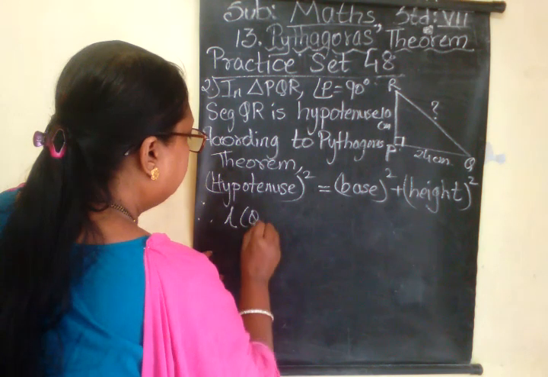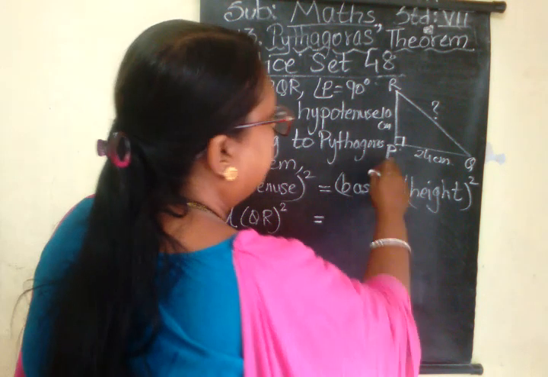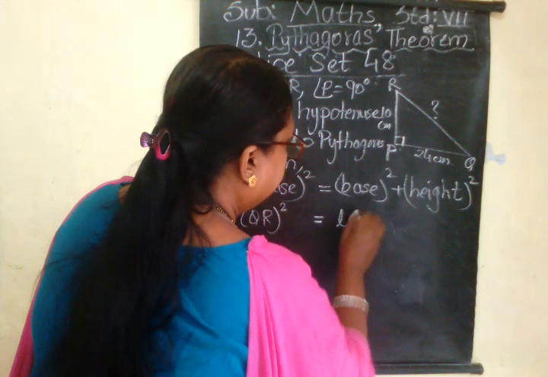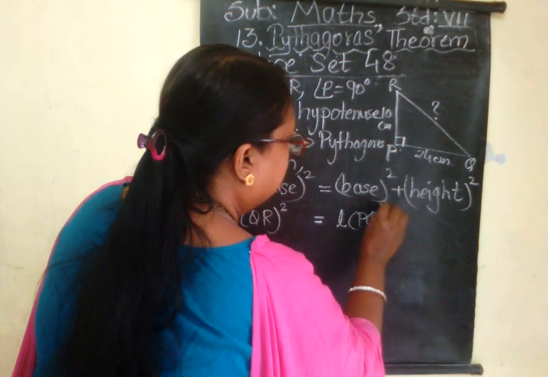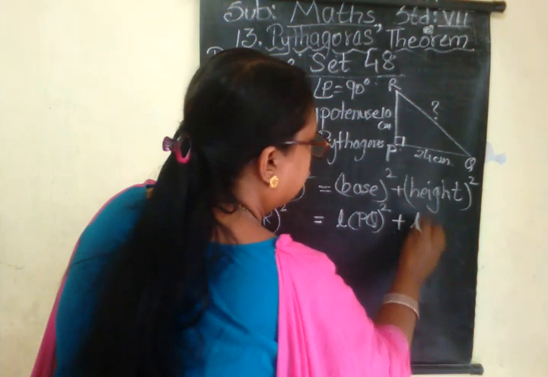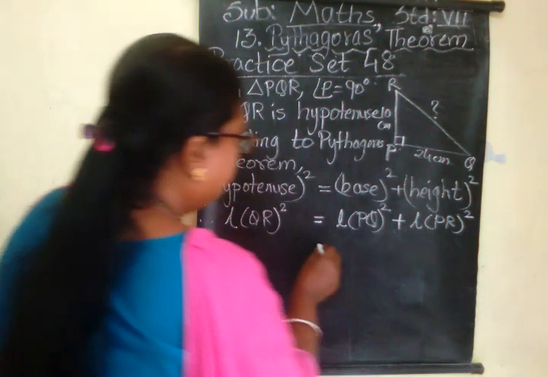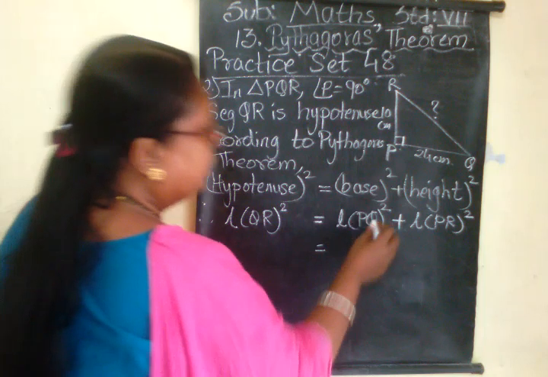Length QR the whole square is equal to base, length PQ the whole square, plus height, length PR the whole square. As per our figure, PQ is 24.